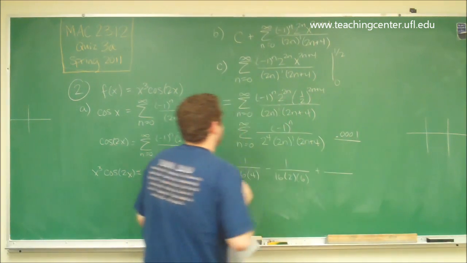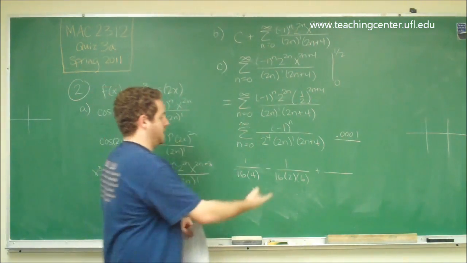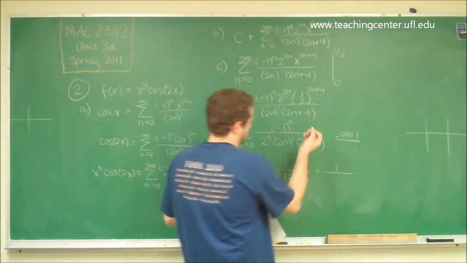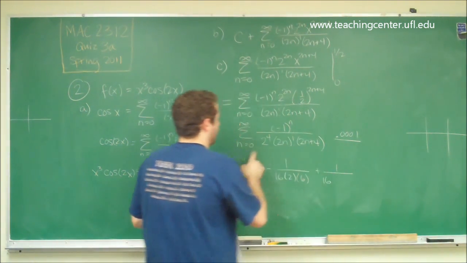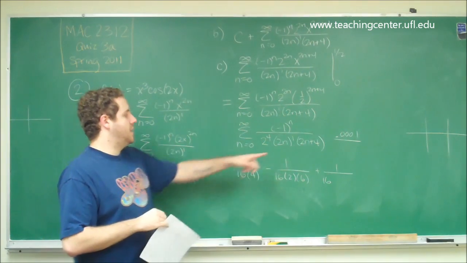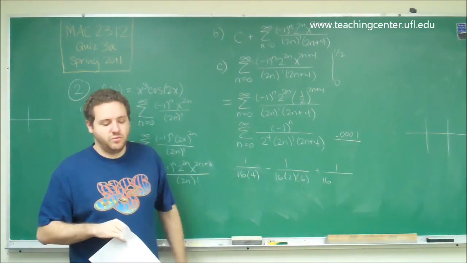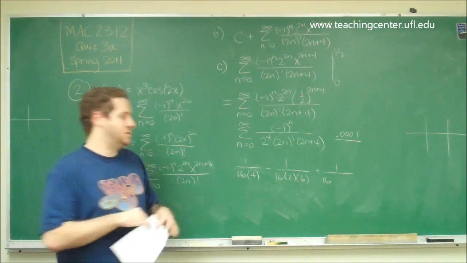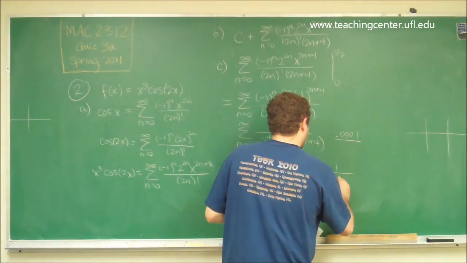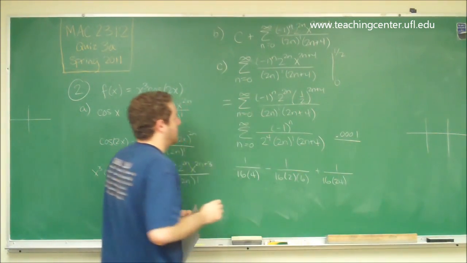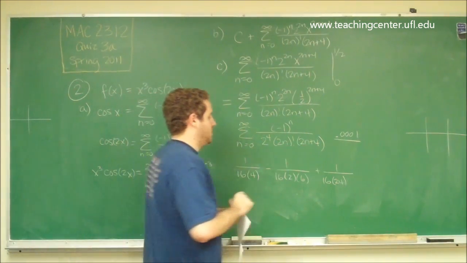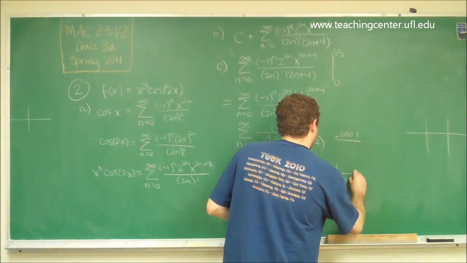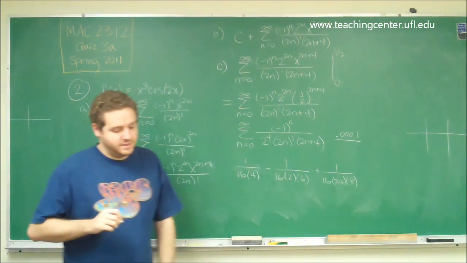Alright, next term. When n equals 2, we're back to positive. The top is always going to be 1 here. So we have 16, like always, the 2 to the 4th. When n equals 2, now we have 4 factorial. So 4 factorial is 4 times 3 times 2, that's 24. And when n equals 2 here, we get 4 plus 4, so we get 16 times 24 times 8.